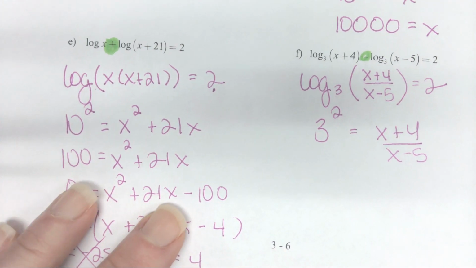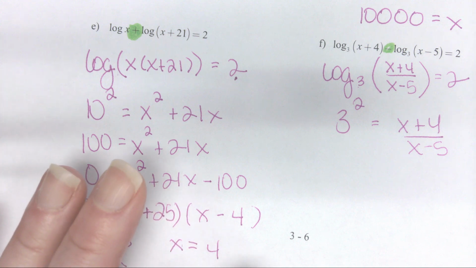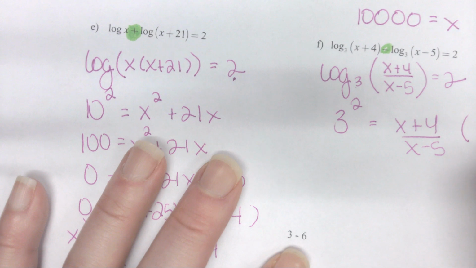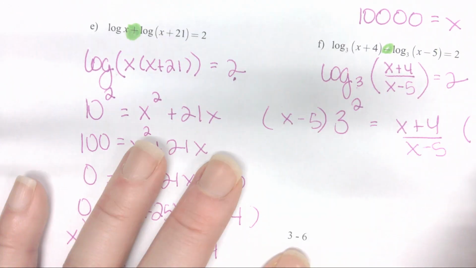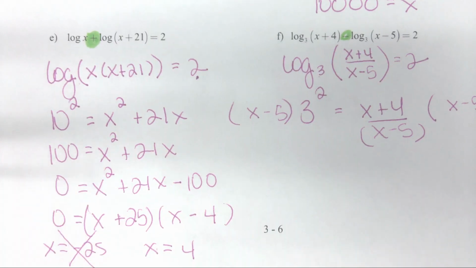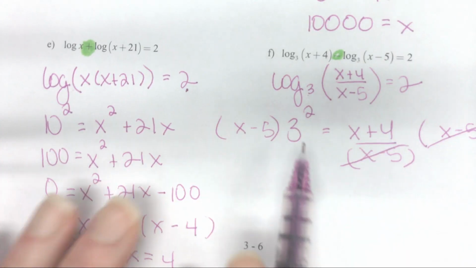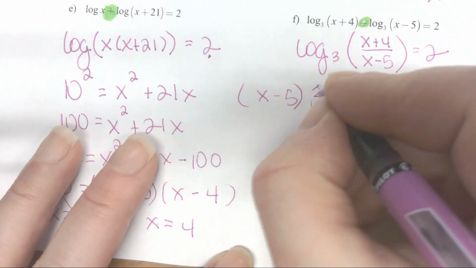All right, something like this, when it's rational, we're going to go ahead and multiply both sides by the x minus 5. These cancel. Would we all agree that this is 9? So we got 9x.